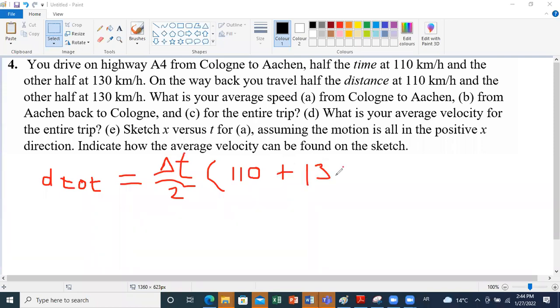So this will give me 240 over 2, 120. So the total distance is 120 delta t.